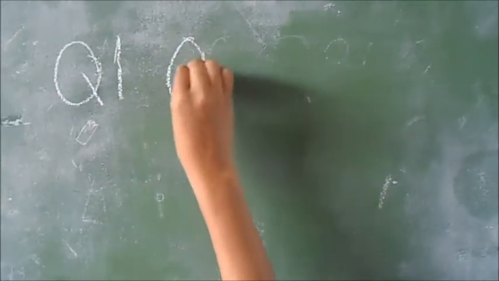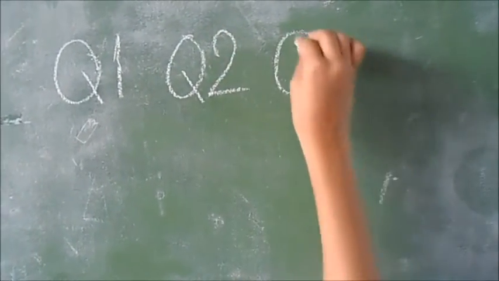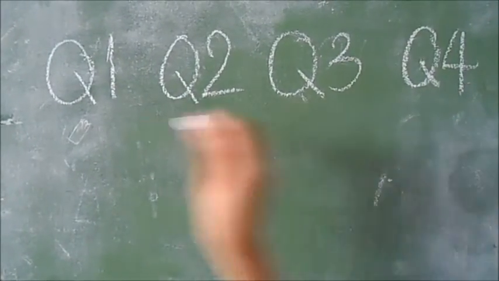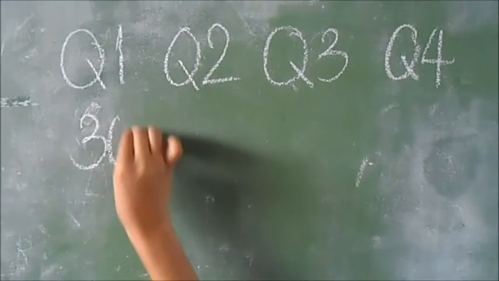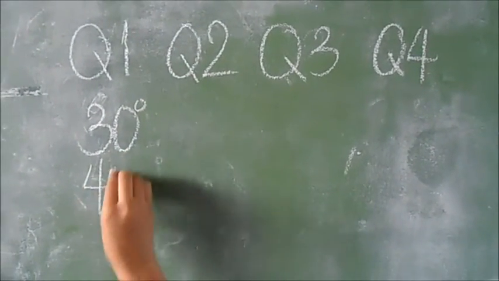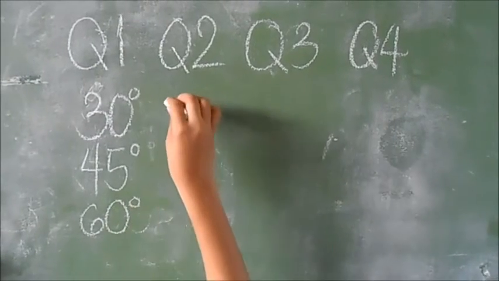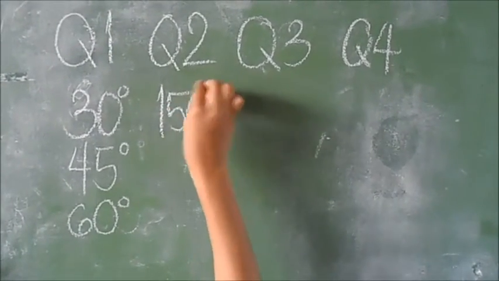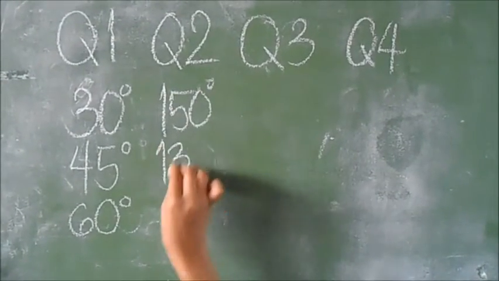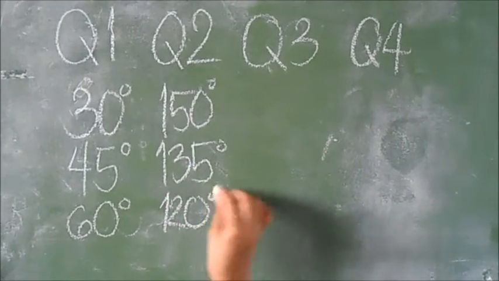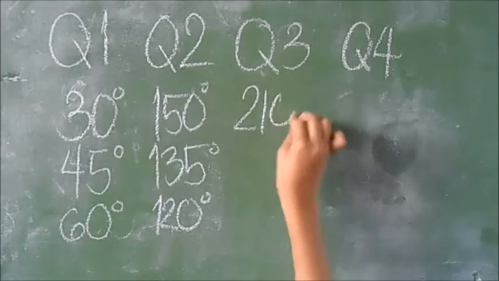So now we'll be talking about the 4 quadrants of the unit circle. In each quadrant, there are 3 angles. So for quadrant 1, we have 30 degrees, 45 degrees, and 60 degrees. For quadrant 2, we have 150 degrees, 135 degrees, and 120 degrees.